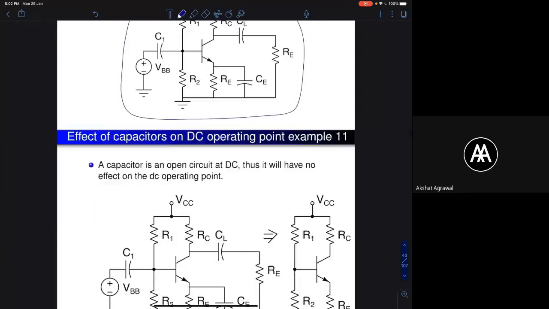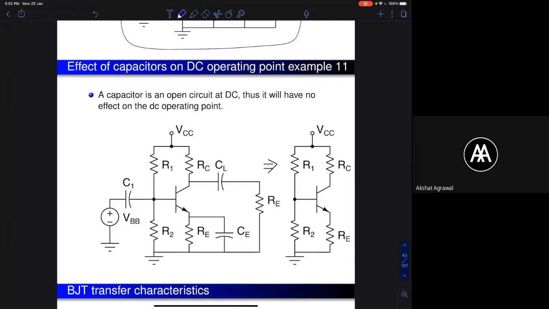Whenever you are finding the DC operating point, what should you do? You should open circuit the capacitors, and if there are any inductors, you should short circuit the inductors. But there are no inductors in the circuit, so just open circuit these capacitors.